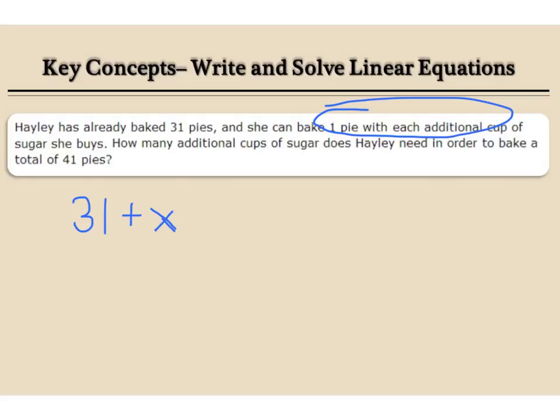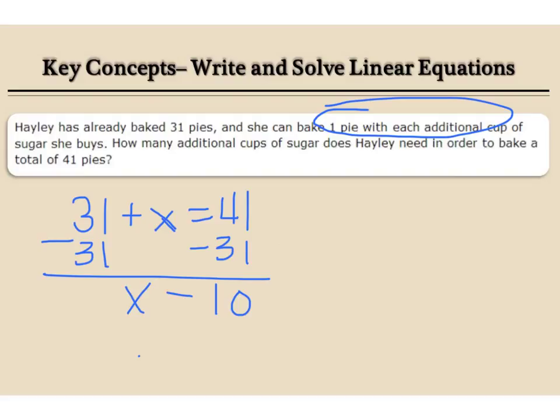But we need to have it total 41 pies. So I can subtract 31, which gives me 10, and I'm left with x equals 10. Or we already know that she baked 31.